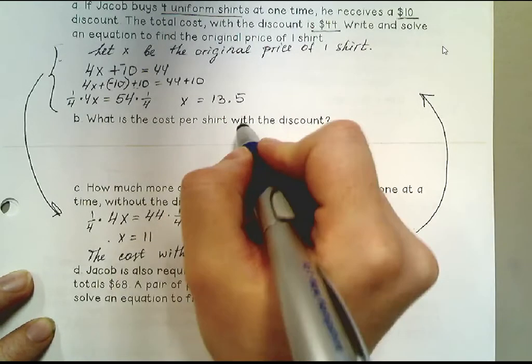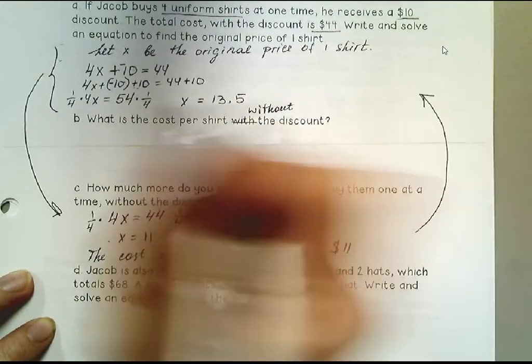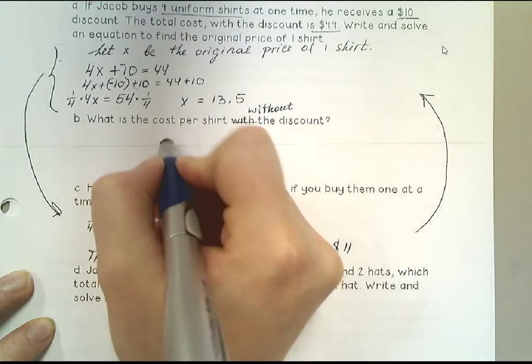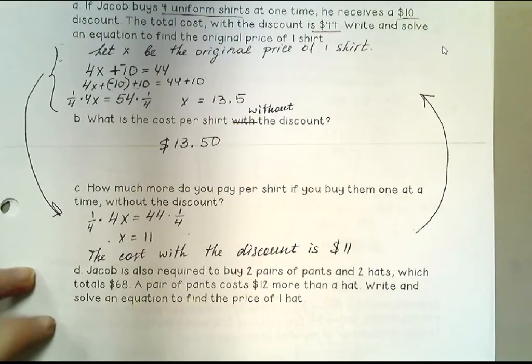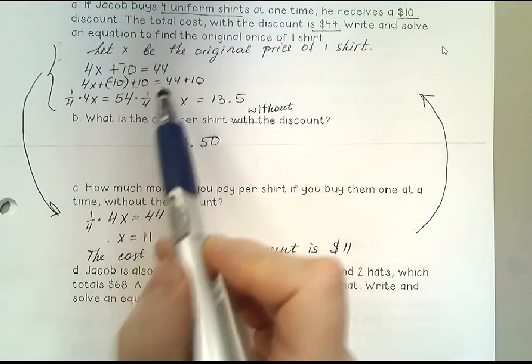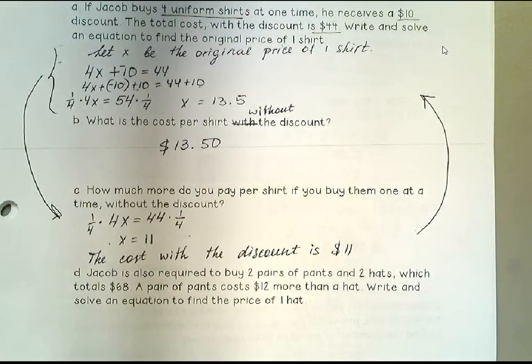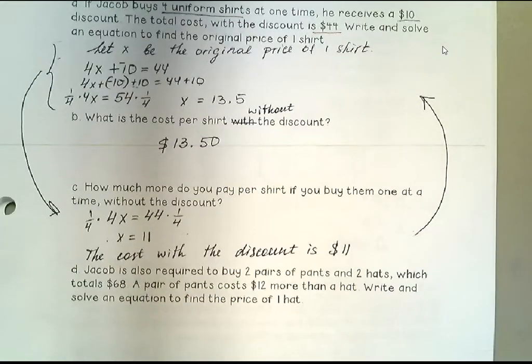The cost without the discount is $13.50, because here we're putting that discount back to find out what the cost per shirt without the discount is going to be. Okay, so sorry about the confusion. There was a typo that somebody else made, so we have to rearrange things around.